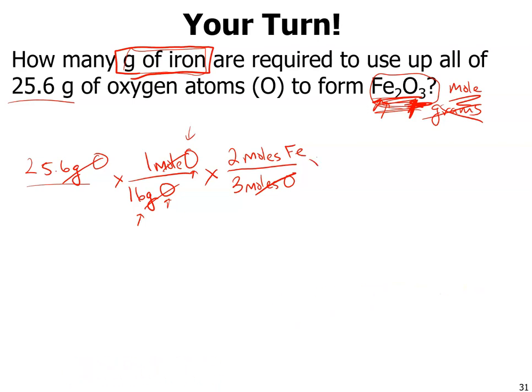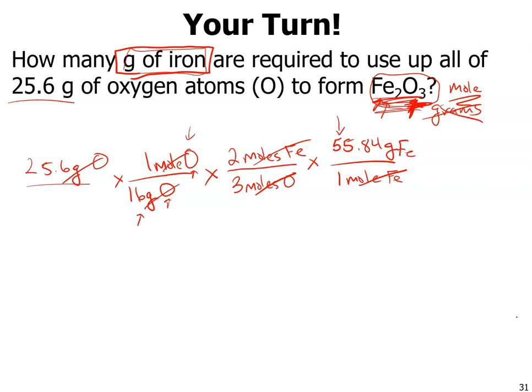The atomic mass for iron is 55.84 grams of iron per 1 mole of iron. Now I did it that way so my iron cancels out. 55.84 grams of iron is equivalent to 1 mole of iron.